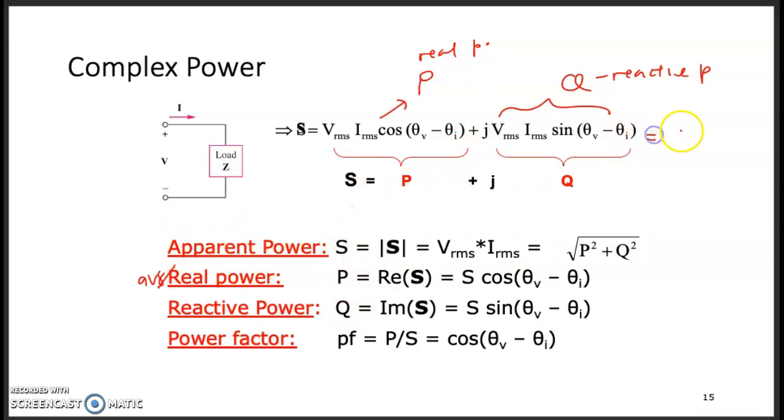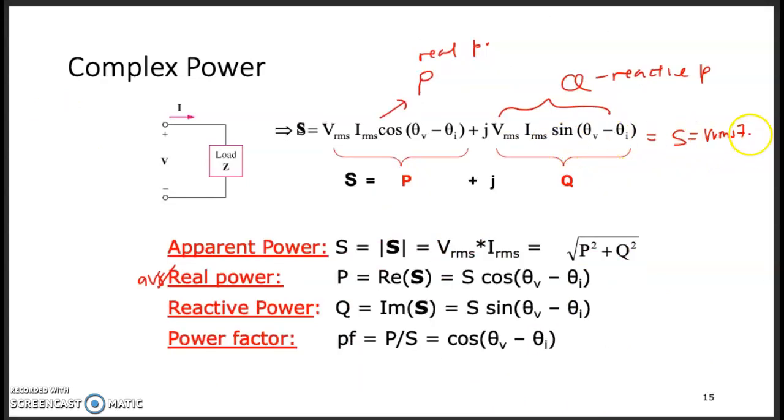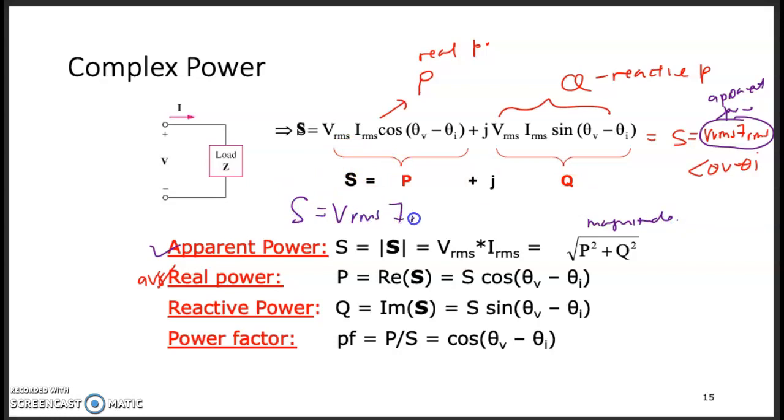If we change this back to polar form, S equals VRMS IRMS angle theta V minus theta I. So what is the apparent power? The magnitude is the apparent power, the first one here. This is the magnitude of the polar form.